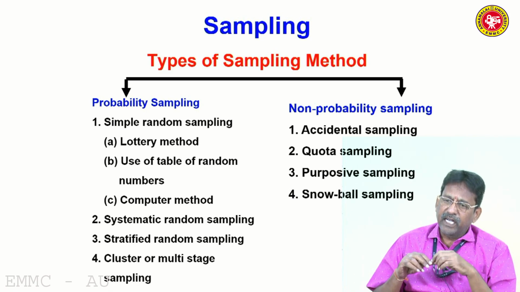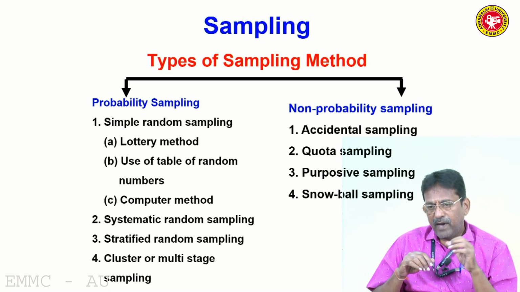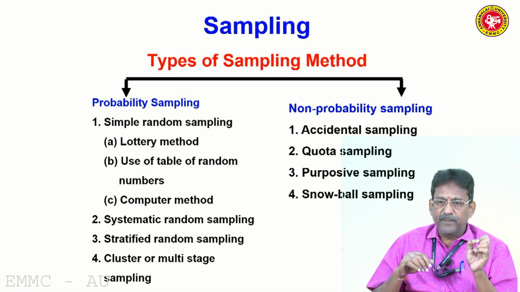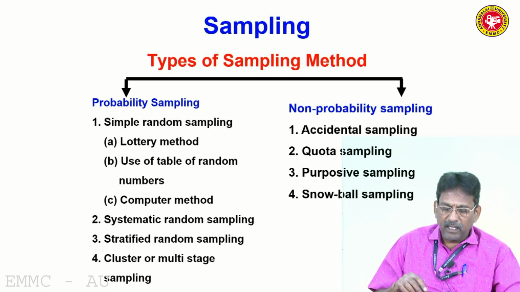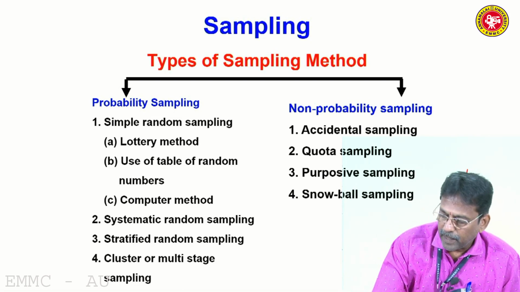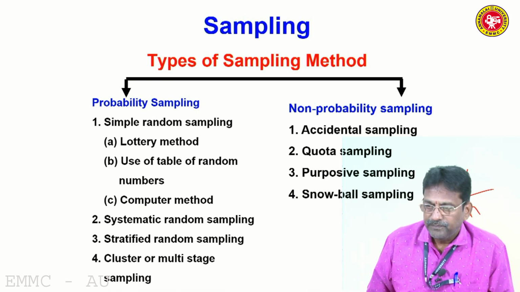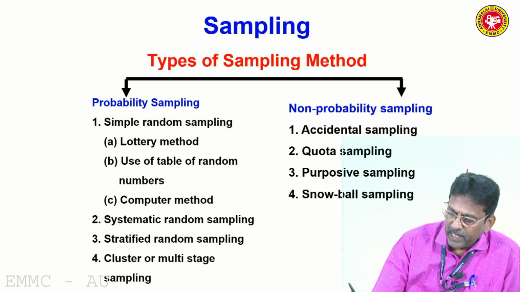Then systematic random sampling. What is systematic random sampling? For this, we have to use one formula, capital N by small n. Capital N denotes the total population.